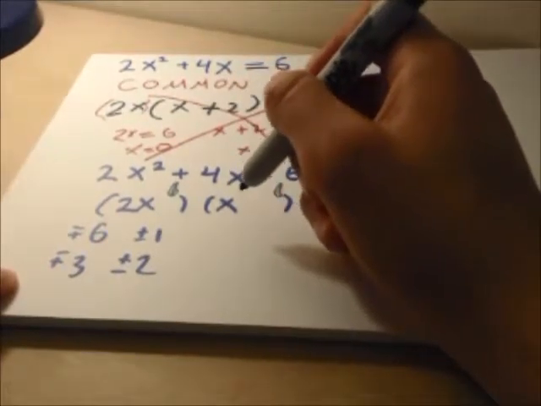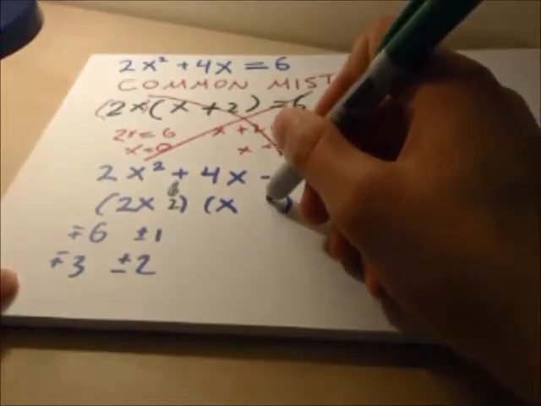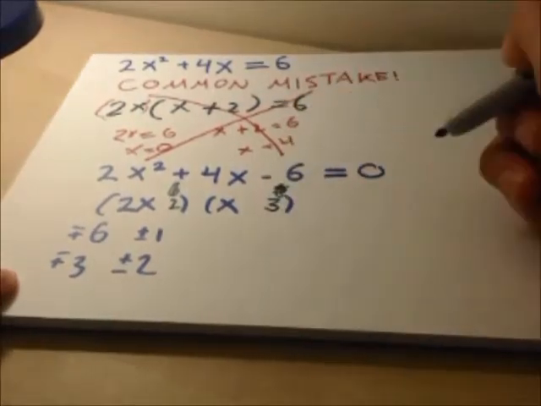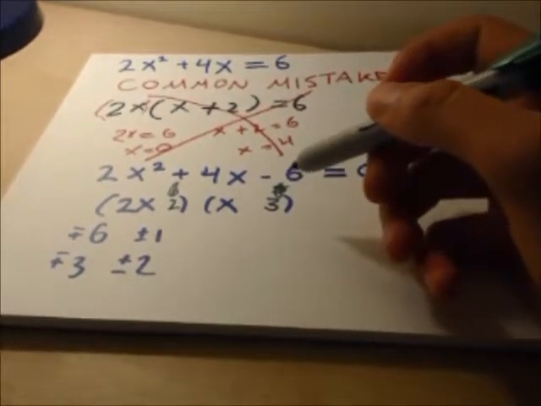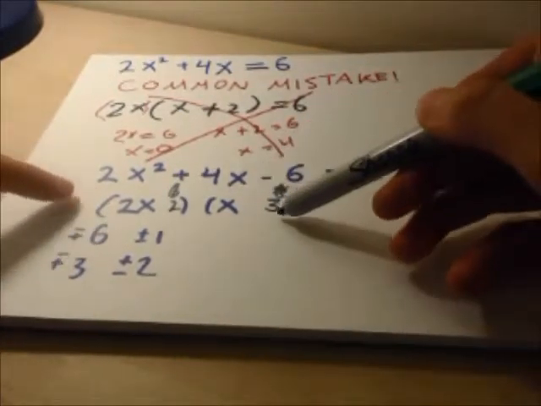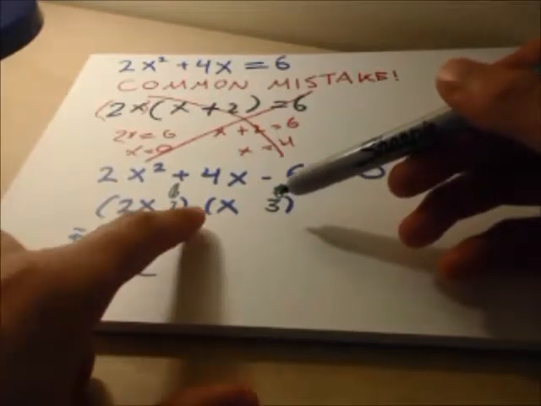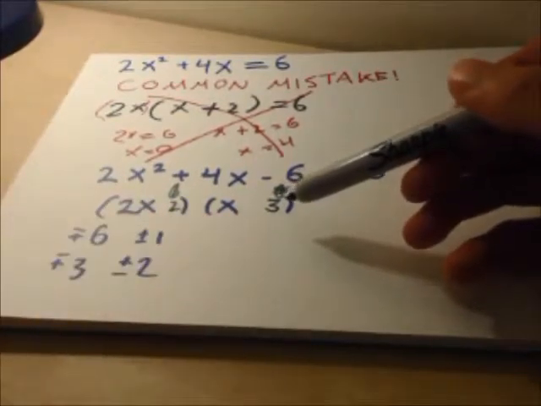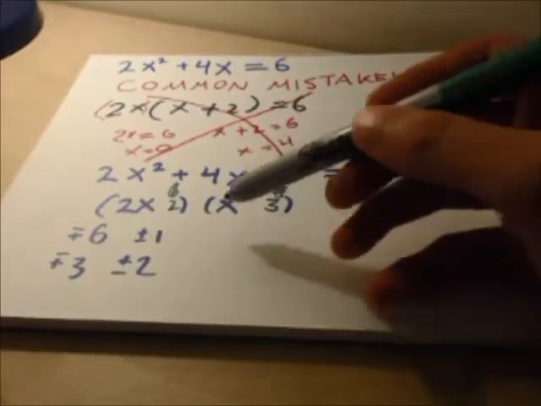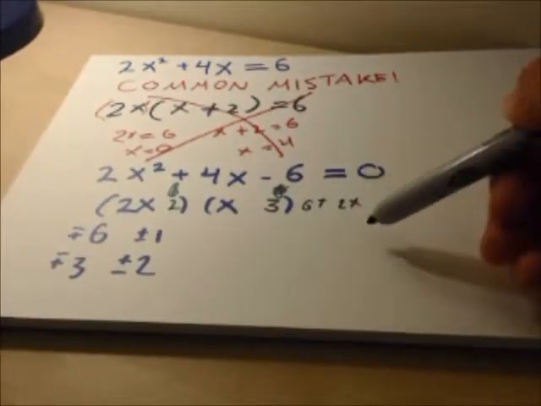So if we were to put 3 and 2, let's say put 2 here and 3 here, and before trying to put the signs, let's try this out. 2x times 3 is 6x, and 2 times x is 2x. So we've got 6x and 2x.